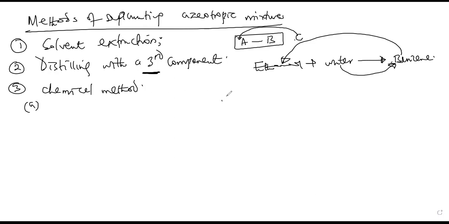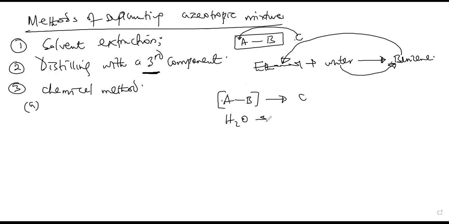For example, if I have components A and B forming an azeotropic mixture, I can add component C, which has a stronger affinity for either A or B.